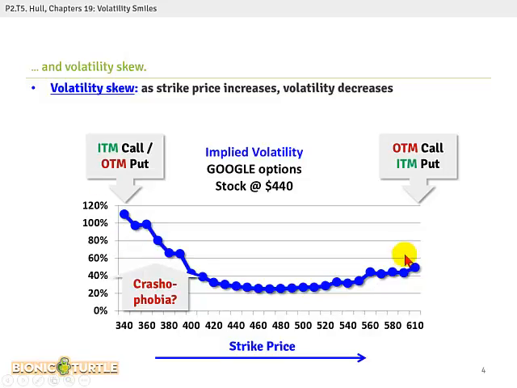And so over here on the right, as the skew gives over to some increasing implied volatility as the strike price increases, as we move to the right, higher strike price, we have both out of the money calls and in the money puts.